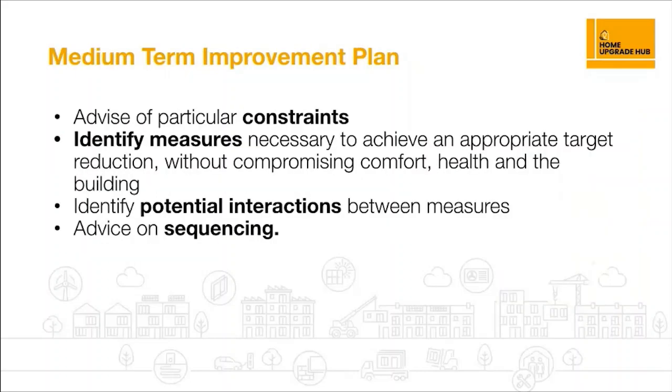And then likewise linked to the improvement option evaluation is the medium-term improvement plan. So this is about having an eye to the future. It's recognising that changes to our homes will happen beyond this particular funding programme or the project that we're delivering right now. So it's about looking at a home's overall scope and opportunity for energy efficiency.